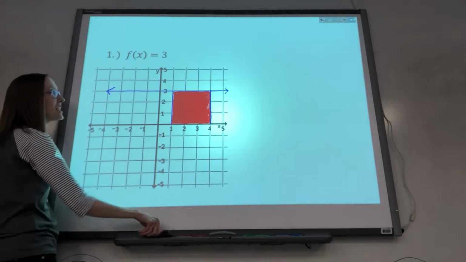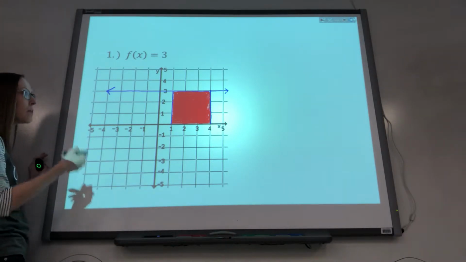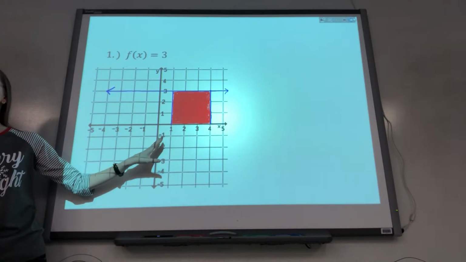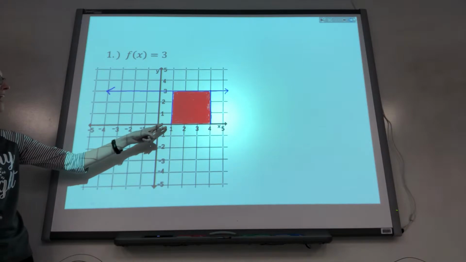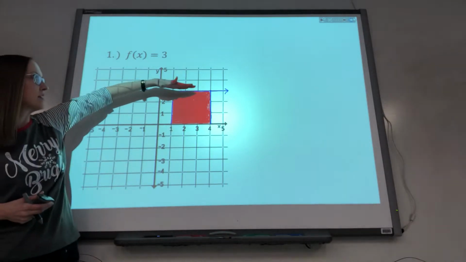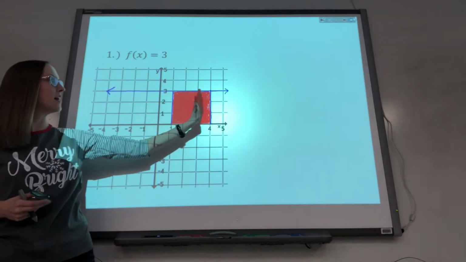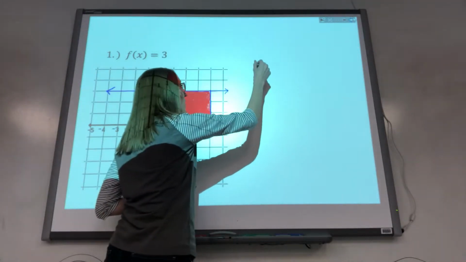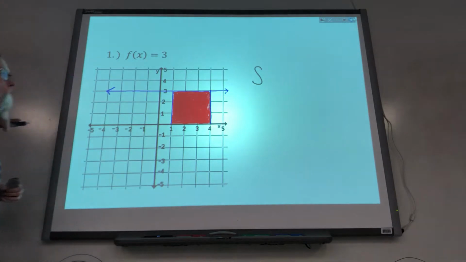We don't actually have to integrate, but let's just see what the integral would look like once we set it up. I'll give you a second to finish that graph if you don't have it yet. Again, it's just a horizontal line, but the area is cut off right here at 1 and 4. So here comes my integral symbol.